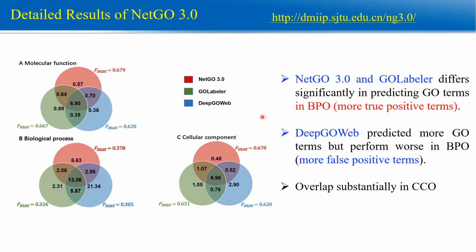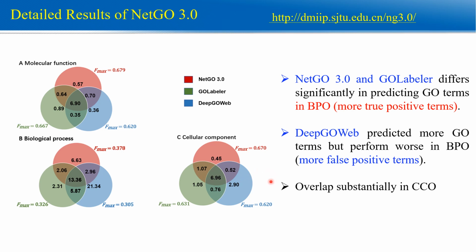Moreover, we propose an online web server that can make predictions for users. To better illustrate its strengths, we compare our web server prediction results with typical web and GOLabel to show the difference and overlap. The figures in the Venn graph represent the average number of predicted GO terms over test proteins.